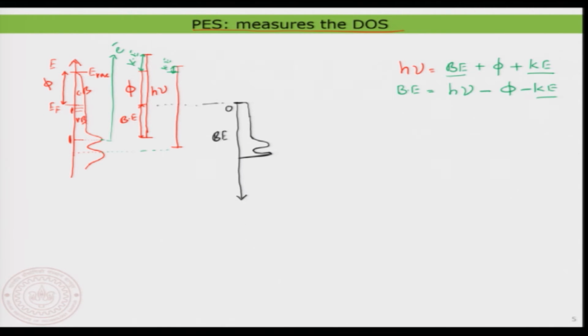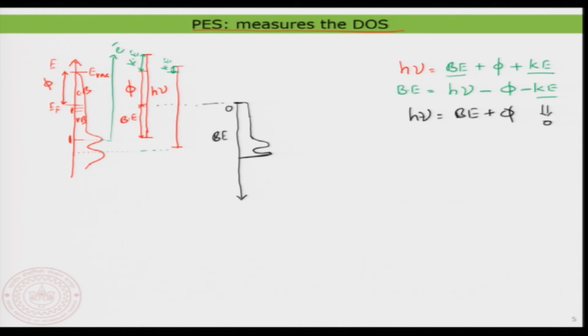That also means that when the photon energy matches the maximum binding energy value, that is, when h nu is equal to binding energy plus phi and the kinetic energy is equal to 0, this magnitude is basically 0. Then there are no electrons being emitted from the material. So, that is how the spectrum is going to look.